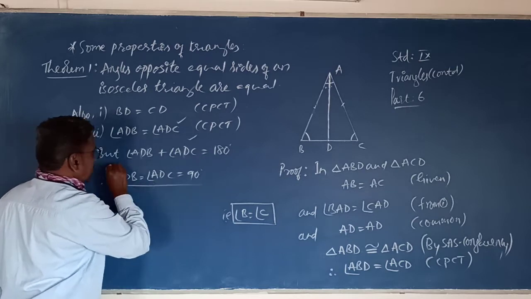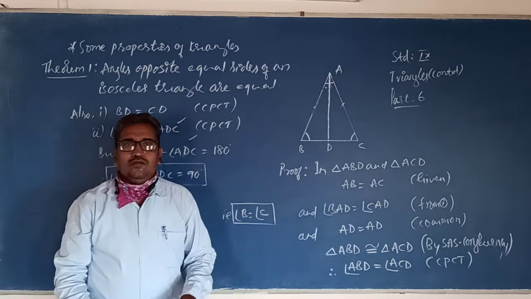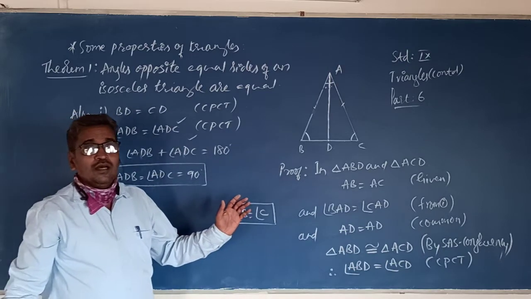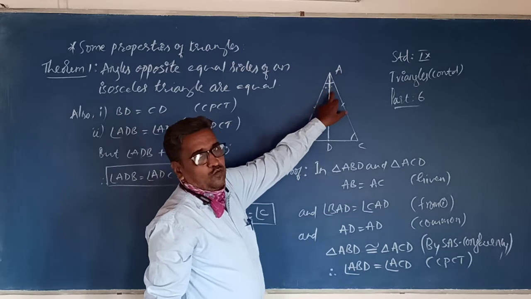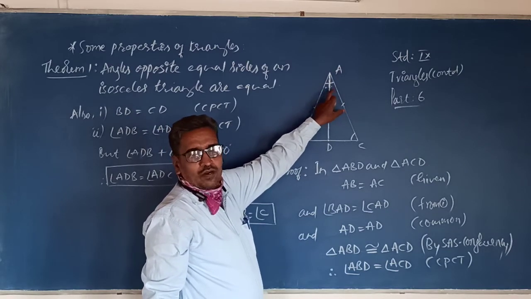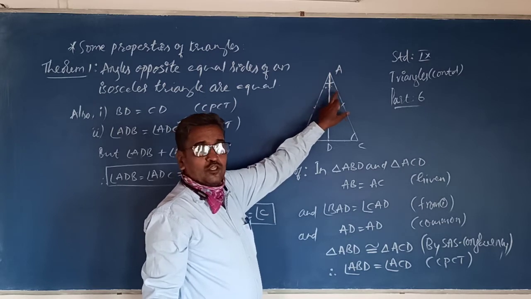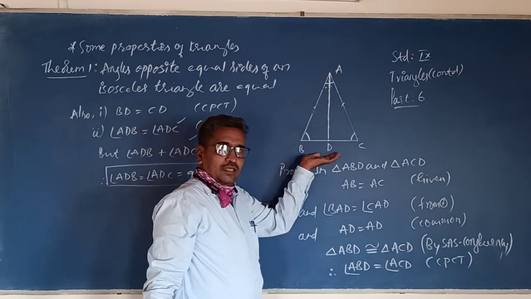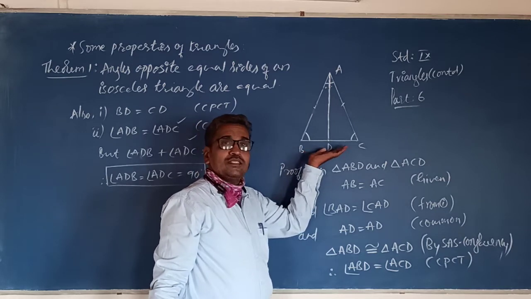Very important property. So what is the theorem, or what points can we tell? The bisector of vertex angle of an isosceles triangle is perpendicular to the base and bisects the base.